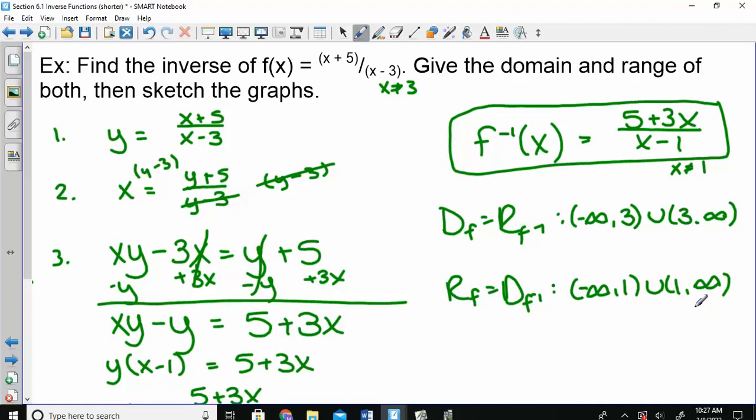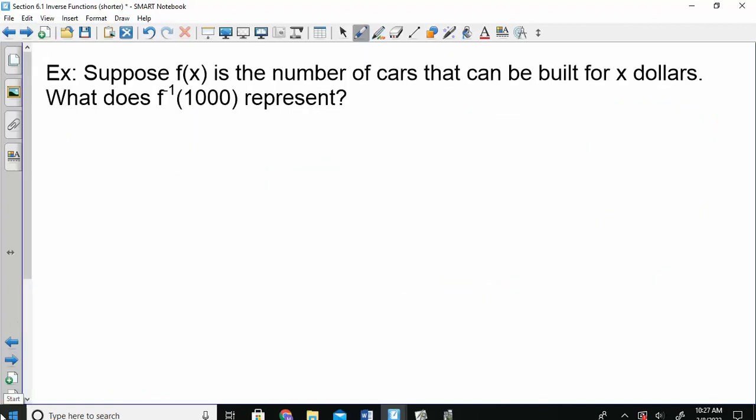So the last 2 examples on here are just thinking problems, not really anything that we have to calculate. All right, it says, suppose f of x is the number of cars that can be built for x dollars.